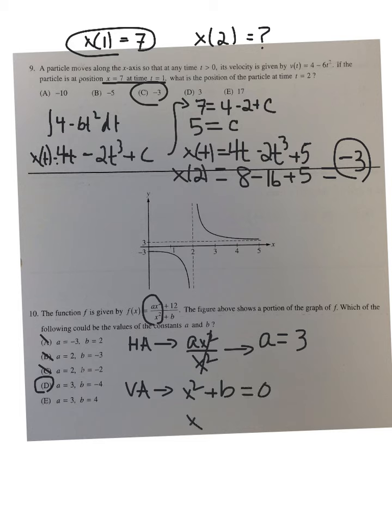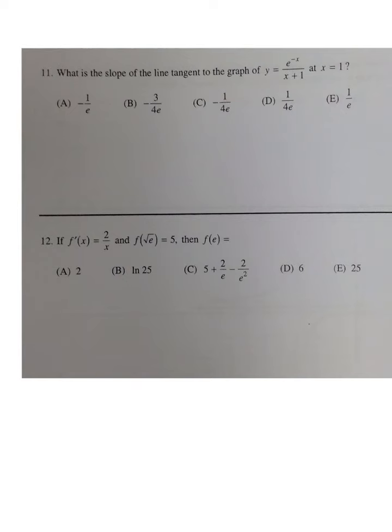I am going to just write x squared equals negative b, and then when I set x, I know that x is 2, hold on a second, let me point, right? X here is 2, so I'm going to put in a 2 here, okay? And when I do that, I'm going to get 4, because 2 squared is 4, equals negative b, so then b has to be negative 4, and the answer is choice D. Number 11, the answer is choice B.